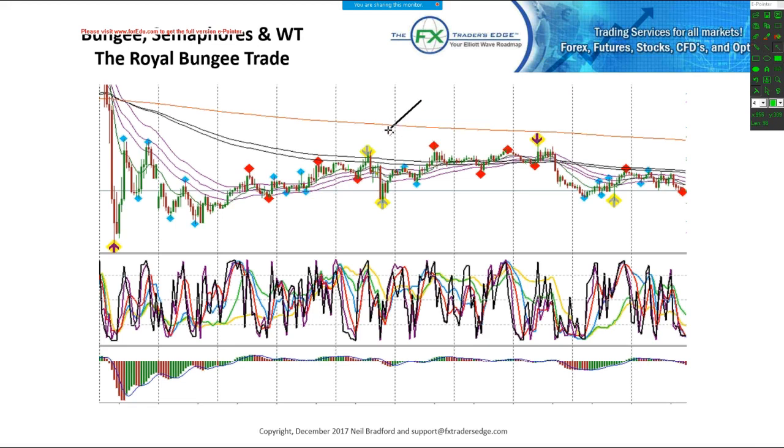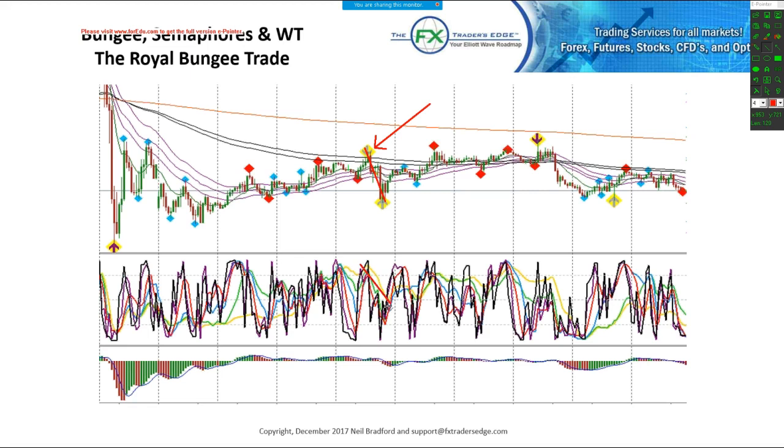If that had been royal, that's point 1. Point 2, price crosses the tunnel and the wave. Well, it only just went above the tunnel, but we'll allow that. The next condition is the gold bungee crosses the channel.